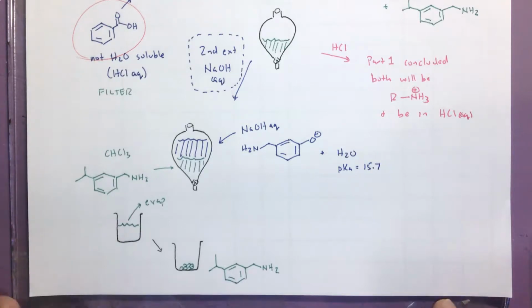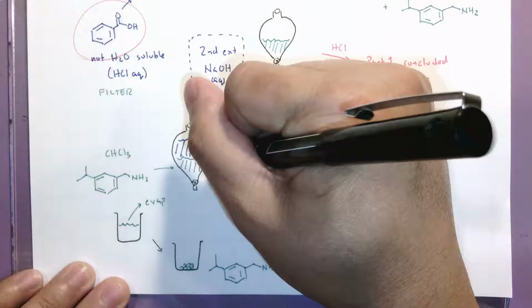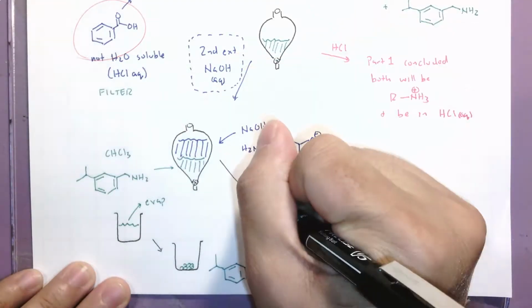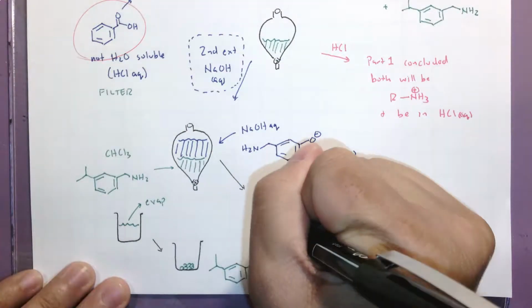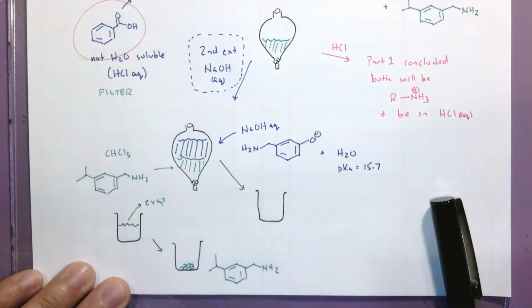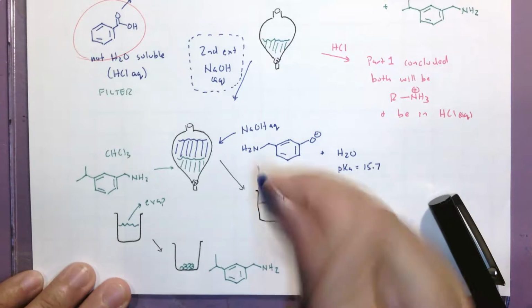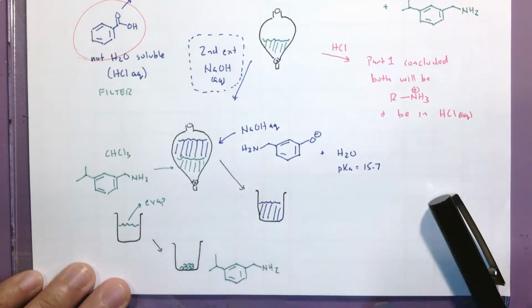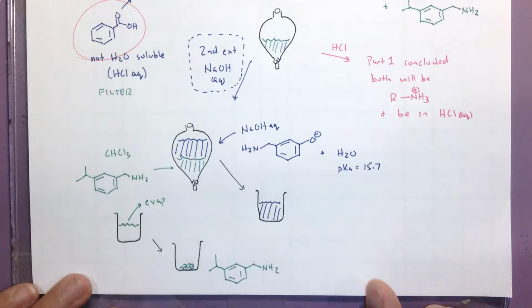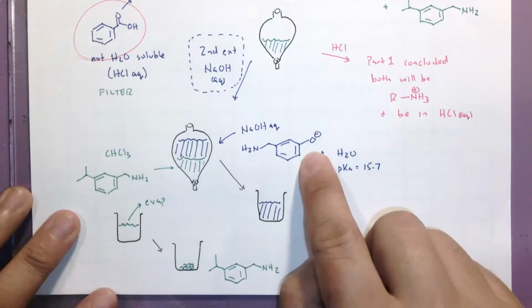Where's the dilemma? The dilemma is in this other beaker that has the aqueous phase. We have this soluble, right? What was the trick? The trick is to now convert it back into neutral.